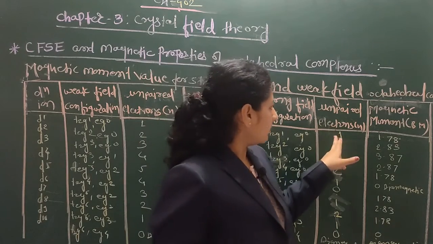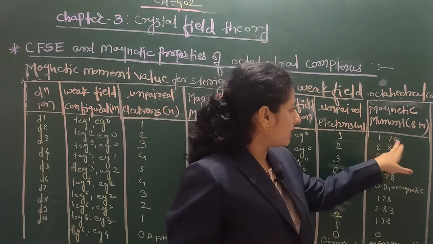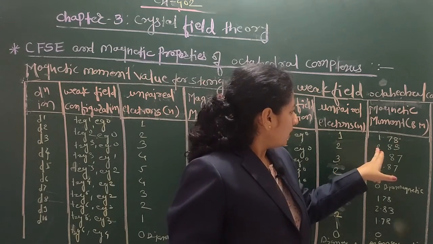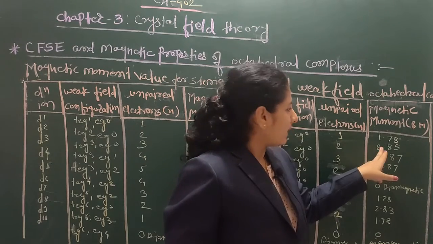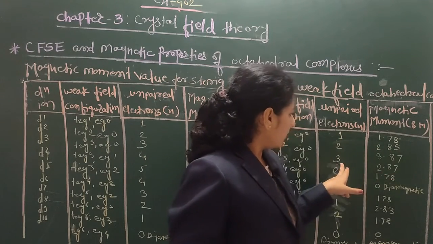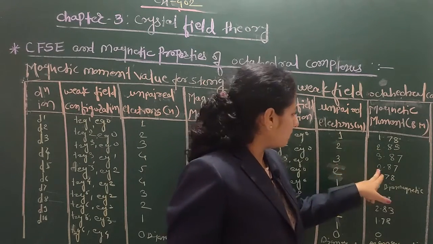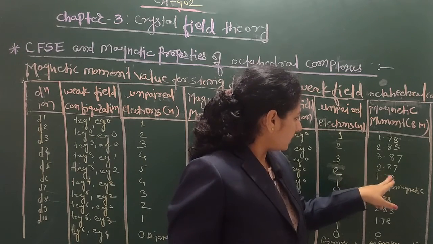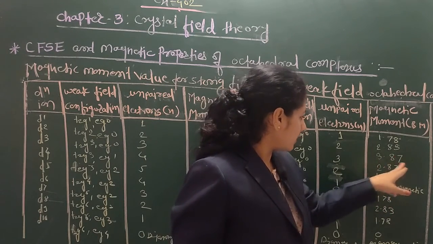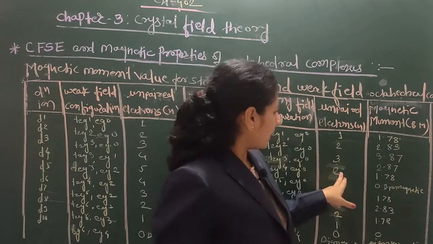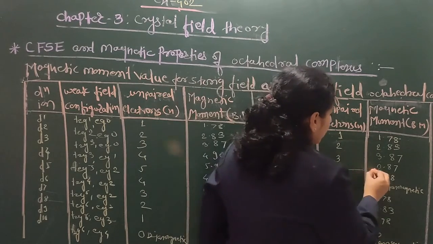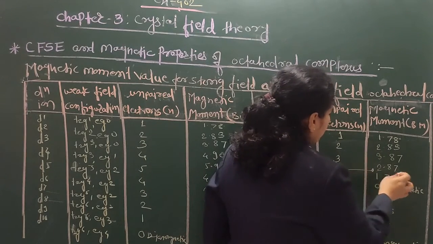So if you see 1 unpaired electron, the magnetic moment is 1.73. If there are 2 unpaired electrons, the magnetic moment is 2.83. When there are 3 unpaired electrons, the magnetic moment is 3.87. For 2 it is 2.83. For 1 it is 1.73. For 0 there are no unpaired electrons, meaning it is totally diamagnetic. If there is 1 unpaired electron, the magnetic moment is 1.73. For 2 it is 2.83.